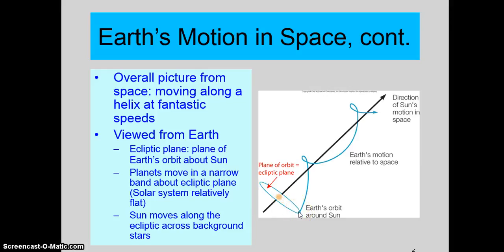That's what we define as a year, the Earth orbiting the Sun. The plane that you notice here is called the ecliptic. There is a plane that extends out into space from the center of the Sun, and all the planets line up in that plane. It's called the ecliptic.